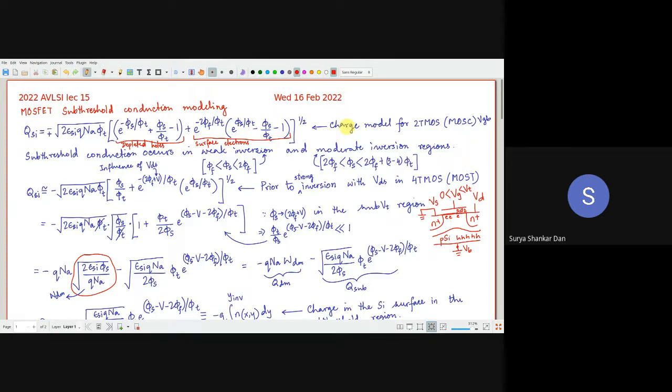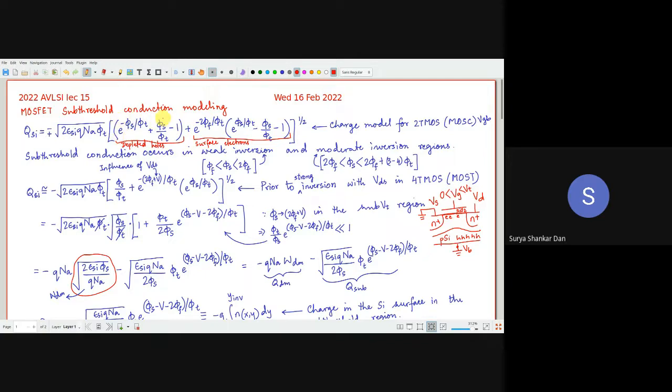All right, so these are the surface electrons and the depleted holes inside the silicon, prior to the strong inversion, with VDS, remember, drain and source bias is important. Then what are the terms which will be important? Remember, surface potential is positive, so this term will not have any significance.